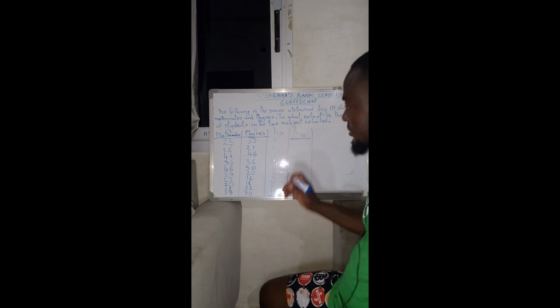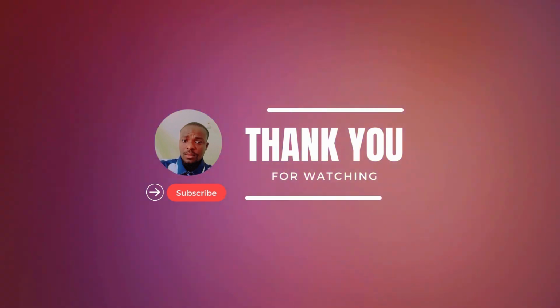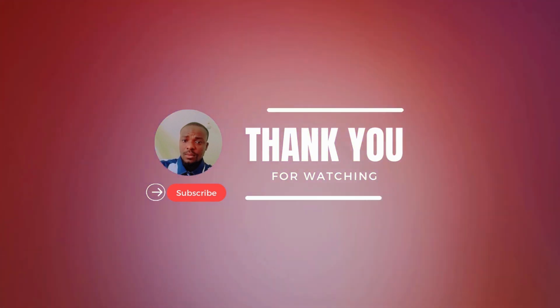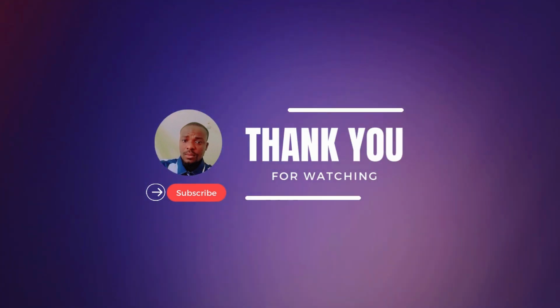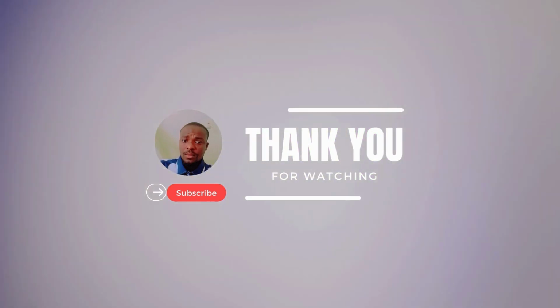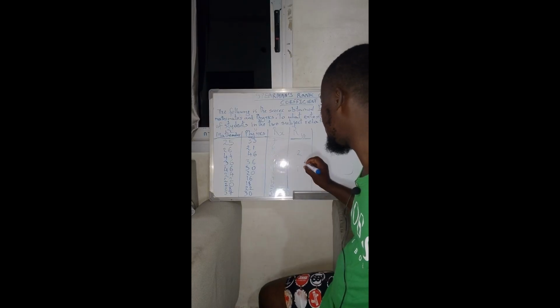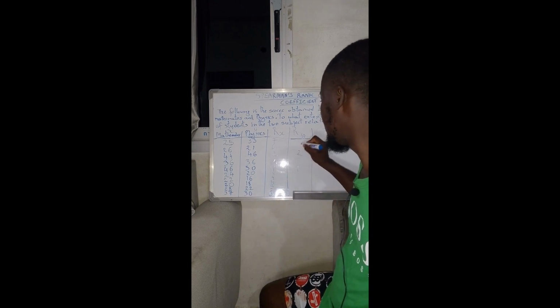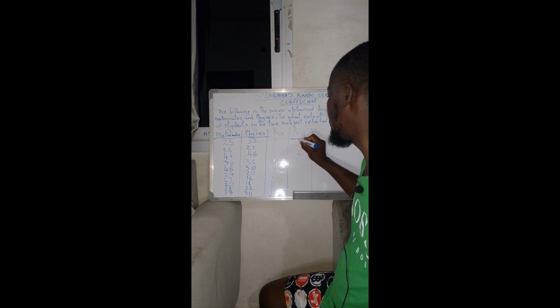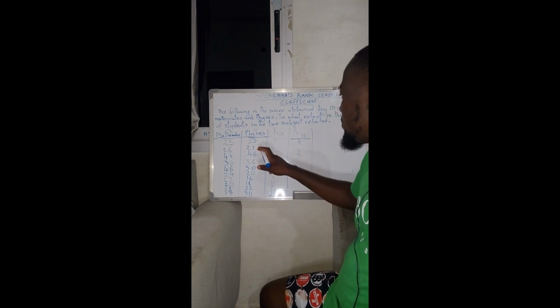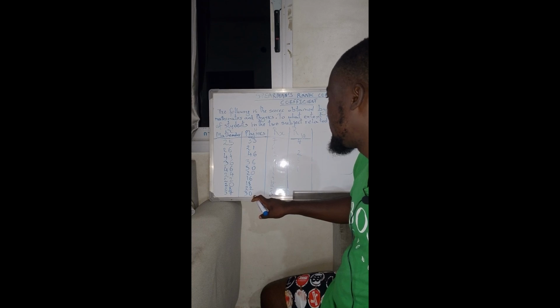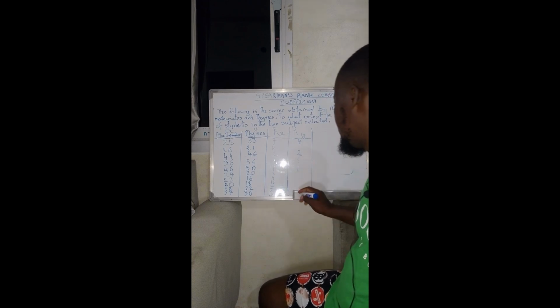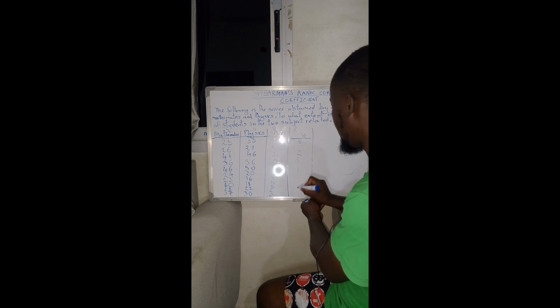We use the same approach to rank the scores in physics. Here in physics, the highest score is 50. This is the first position. The second highest score is 46, second position. After 46, we have 36, the third position. We also have 33, the fourth position. We have 30, which is the fifth position.